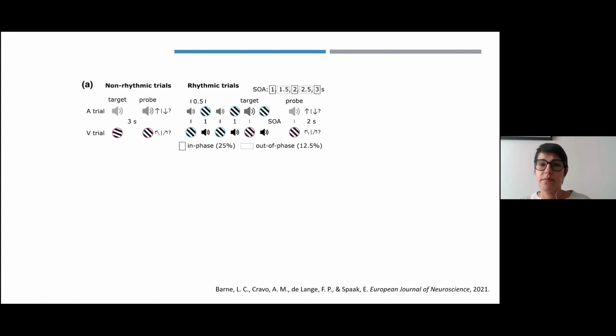And in the rhythm trials, we presented the target a lot of times and in a rhythm fashion. In the auditory trial, we actually had 2 streams, the auditory and the visual stream, but in the beginning of the block, we told participants to just pay attention to the auditory stream. So how was it presented?